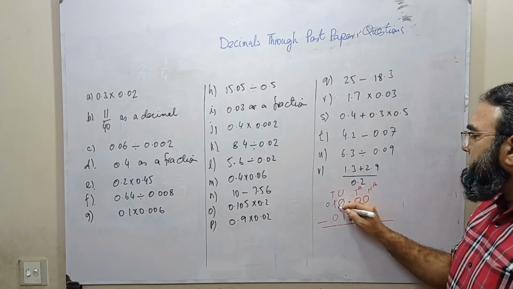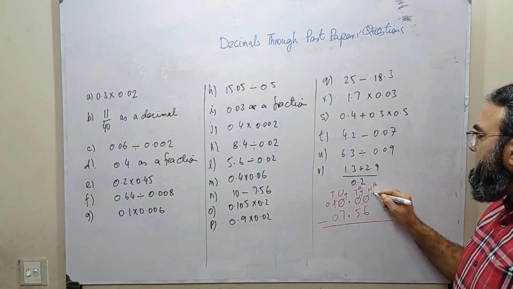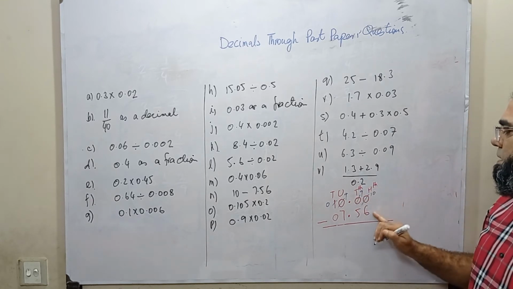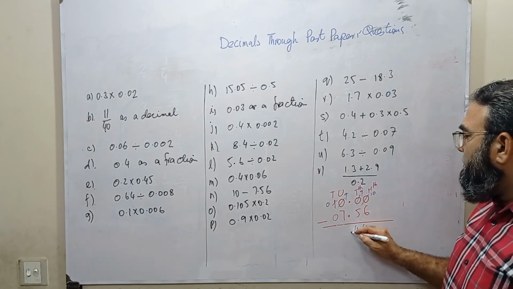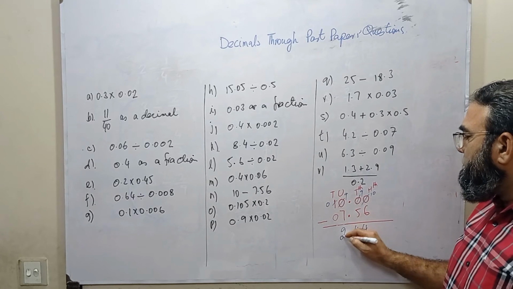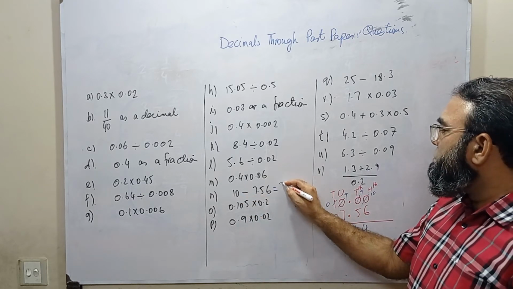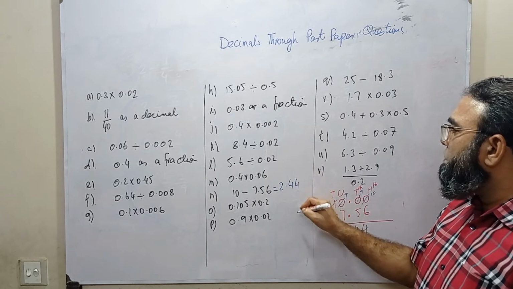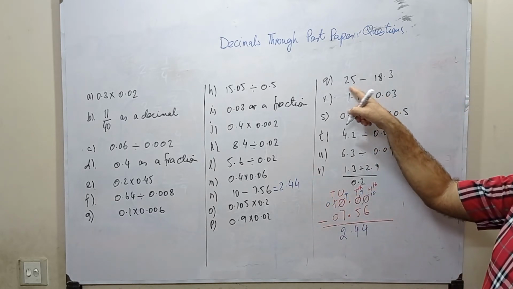I'm not going to go into that detail, okay? So this becomes 10 over here. 10 minus 6 is 4, 9 minus 5 is 4, and 9 minus 7 is 2. So the result of this subtraction is 2.44, okay?